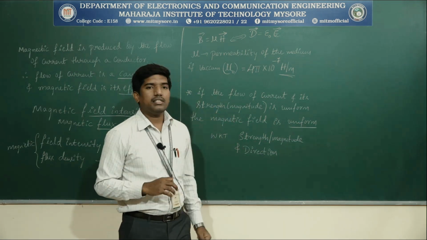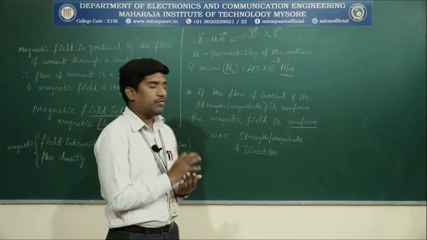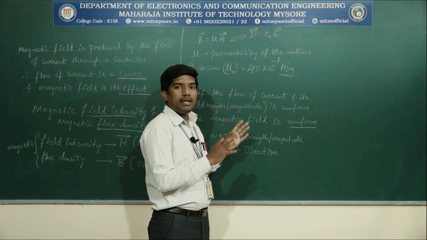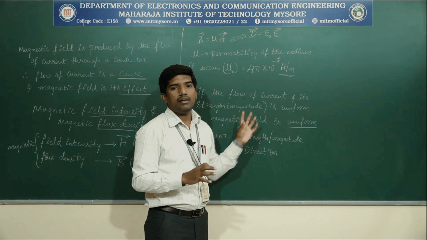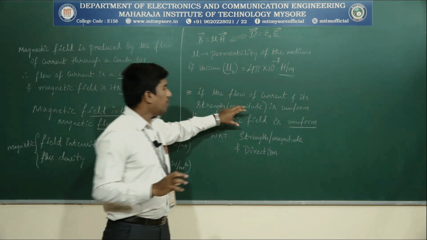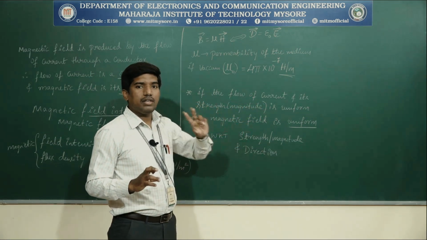Then what do you mean by steady state magnetic field? Steady magnetic field means that the flow of current and the magnetic field remain constant with respect to time. Then we can call it a steady magnetic field. Clear? You need to understand the difference between uniform, non-uniform and steady magnetic field.